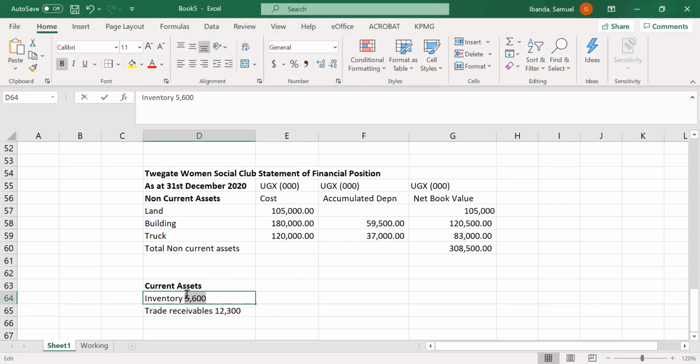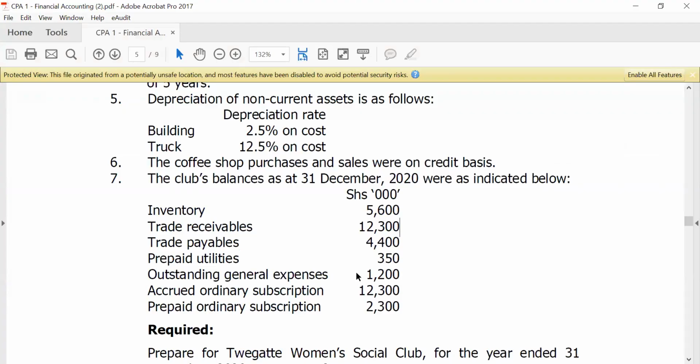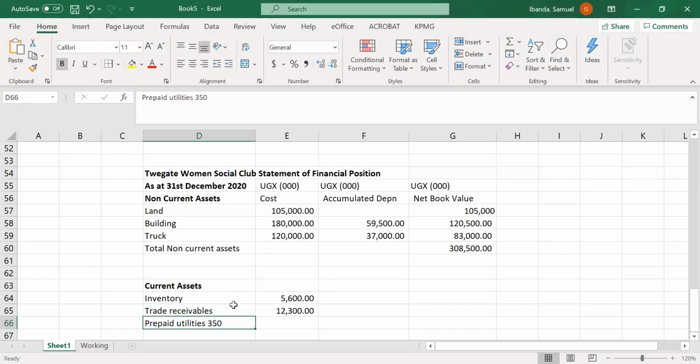Inventory is 5,600. Trade receivables is 12,300. After that, I'm going to look at others. Prepaid utilities is also a current asset, so I'll pick it and put it there. $350.